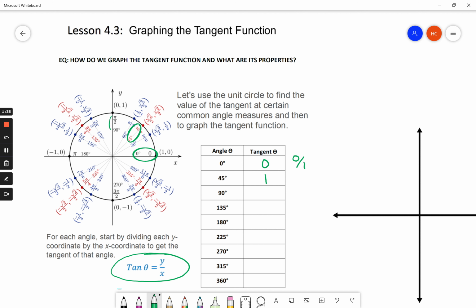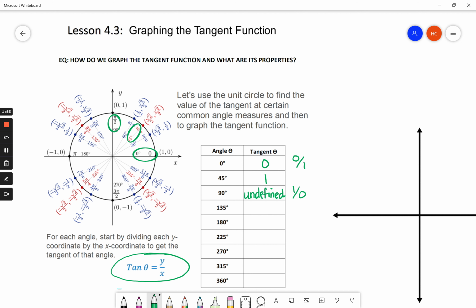At 90 degrees, or at pi over 2, we have y divided by x, 1 divided by 0. Well, we have an undefined value. We don't divide by 0, so we will write undefined.